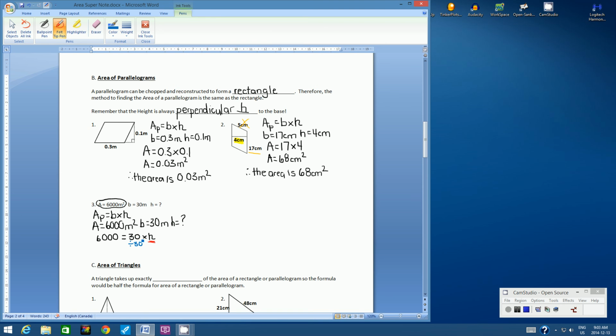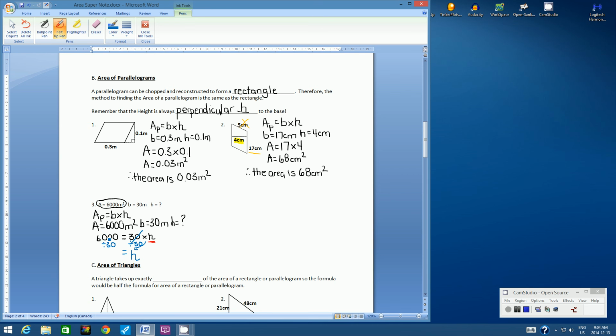And whatever we do on the right-hand side, we have to do on the left-hand side. So this is the step where we're using algebra and solving equations. Times 30 divided by 30 simply cancels each other out. The only thing left on the right-hand side is the h.